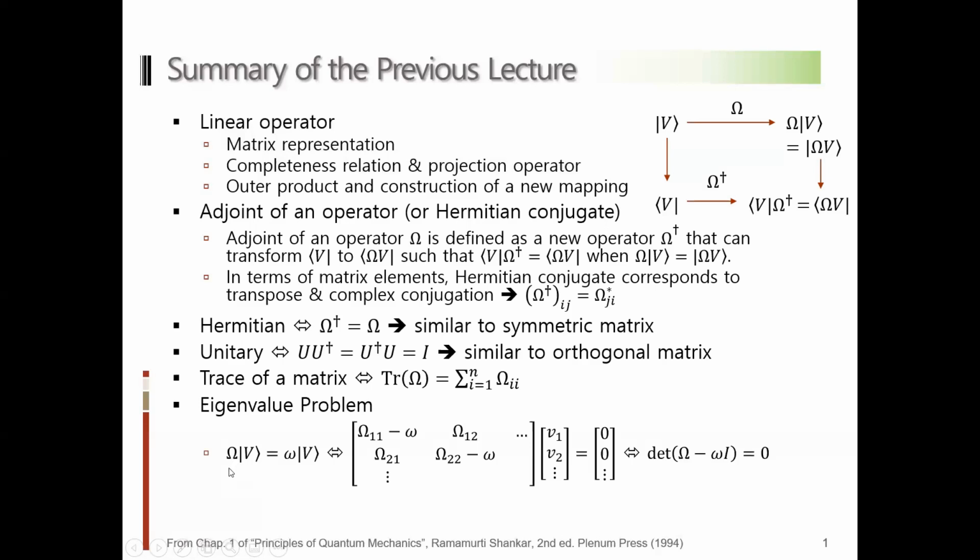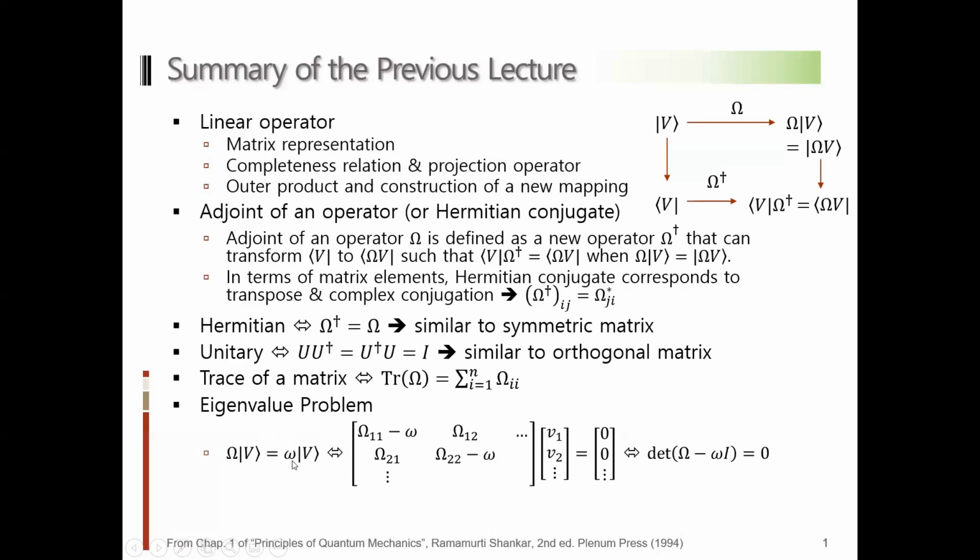So we start with, if we are given some arbitrary linear operator, then we might be able to find some vector such that if this operator is applied on this vector, then the output vector will still be parallel to this vector, but the length of the output vector is not necessarily the same as the original vector.